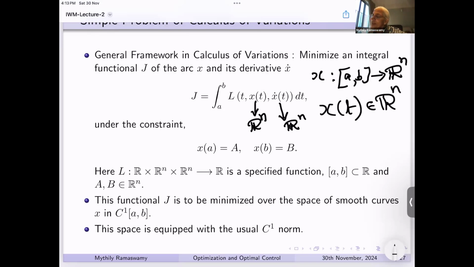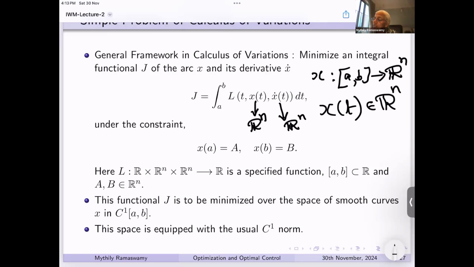So that is why the curve, can you think of a curve in a space curve or a plane curve? A plane curve takes the real interval AB to R2. A space curve takes the real interval AB, for each t in this AB, it will give me a value in R3.